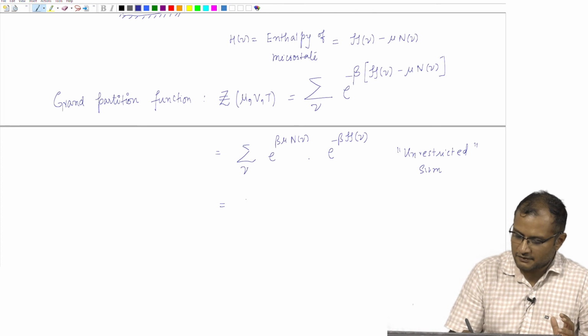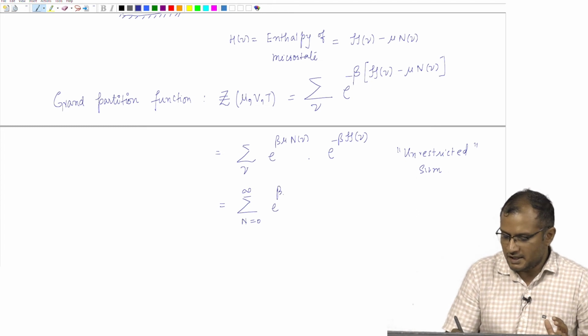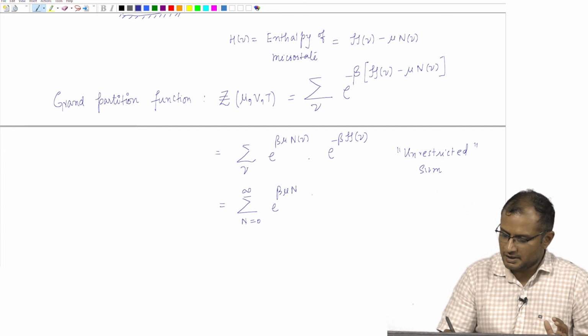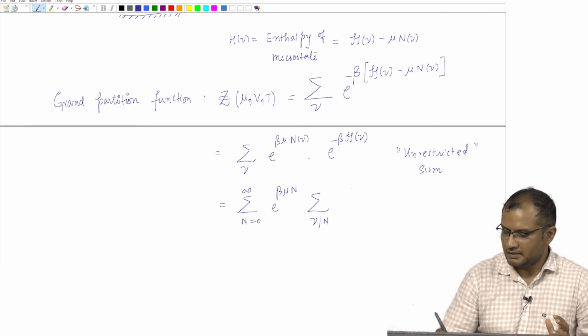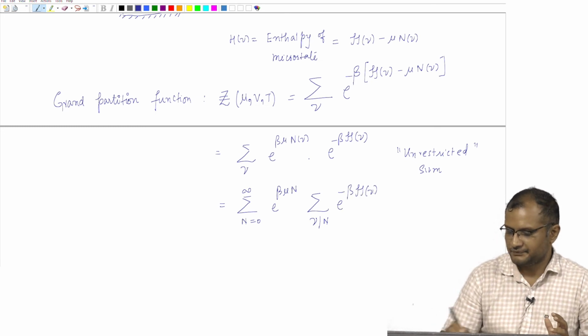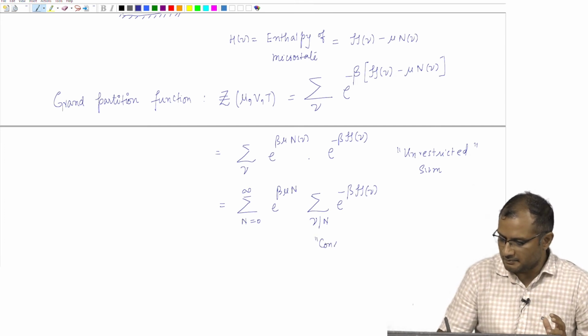In the sense that I can first sum over the number of particles, that will go from 0 to infinity, and for this n that is set in the outside sum, I can set up the internal constraints summation and compute the second Boltzmann factor. So, this is now the constrained sum.